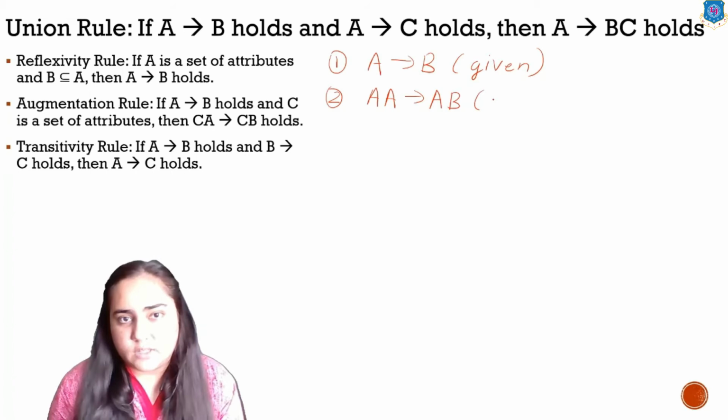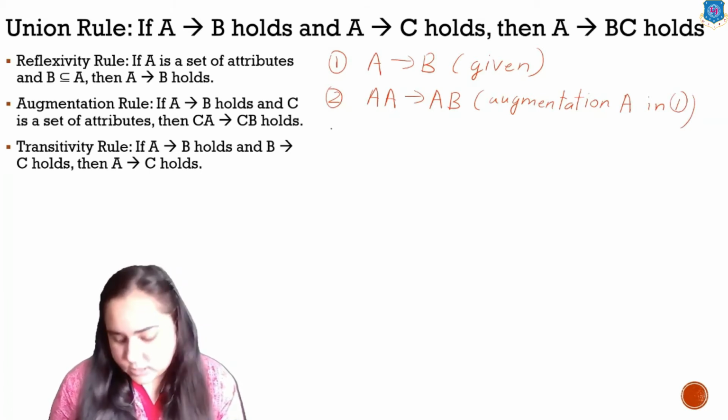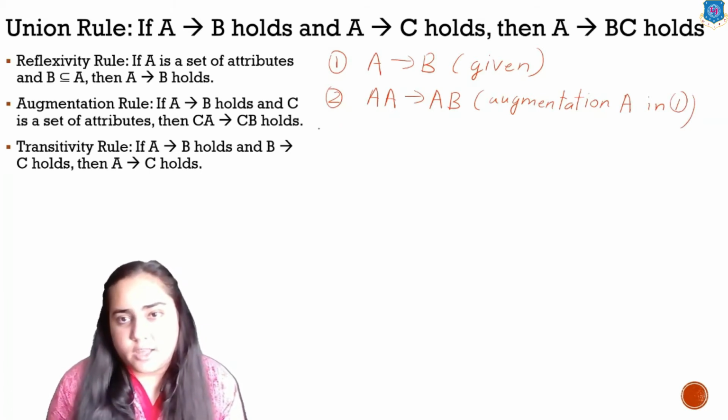So what I've done is applied the second rule, which is the augmentation rule. Augmentation of A in the first formula or equation that I got. I've augmented A on the left and right sides.